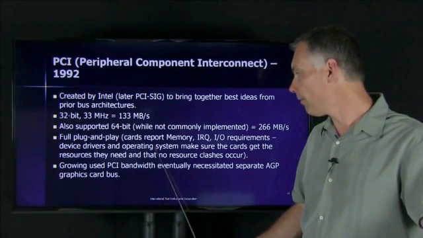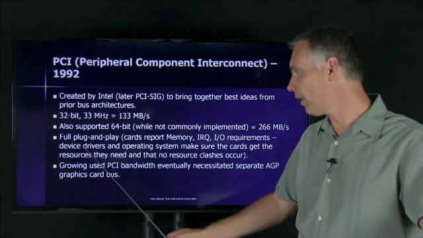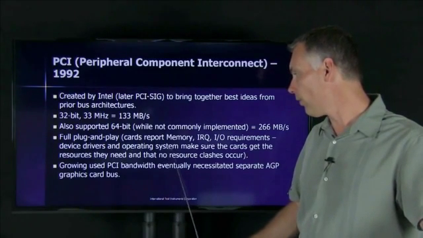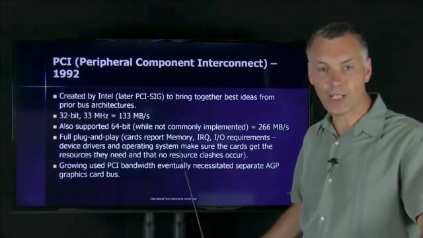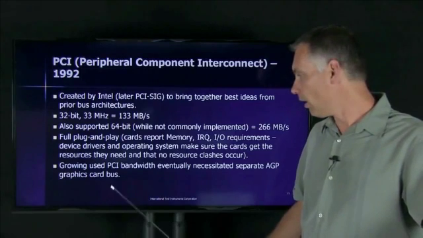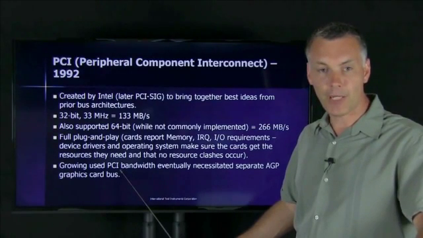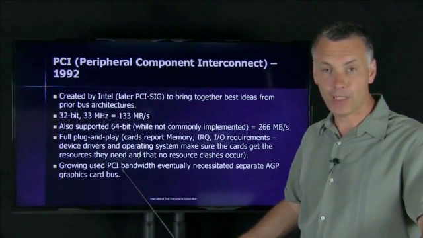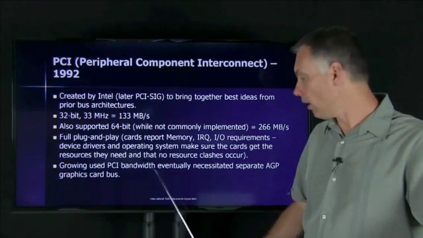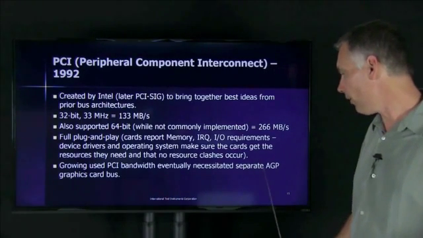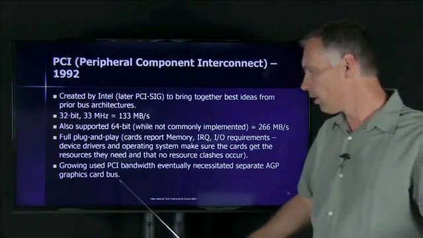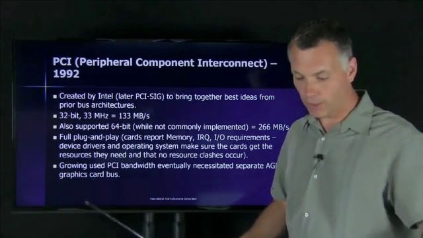The operating system then asks the device drivers to configure the cards and to use those resources it has assigned. However, later on, due to larger and larger PCI bandwidth used, especially by high-end graphics cards, a separate bus in the form of AGP, Advanced Graphics Port, was created.